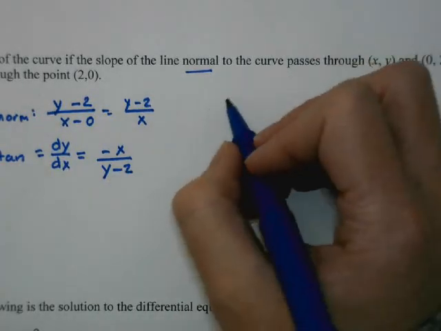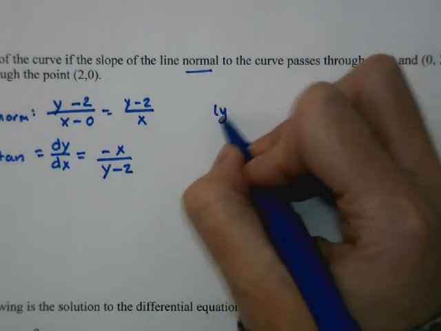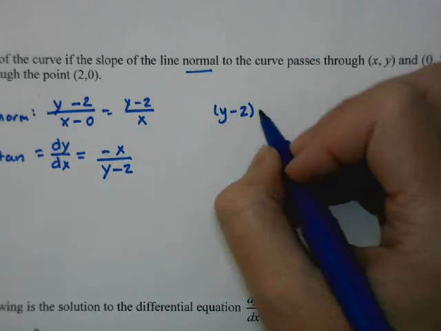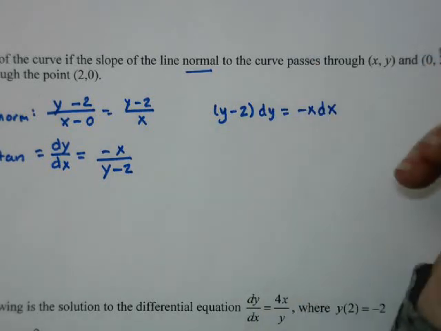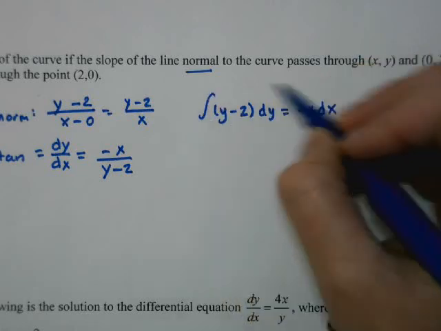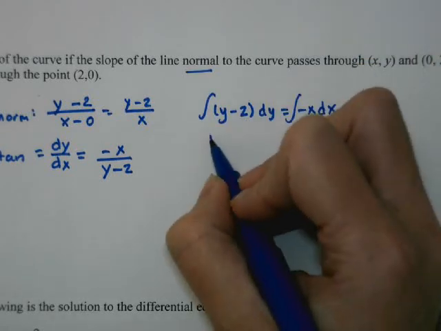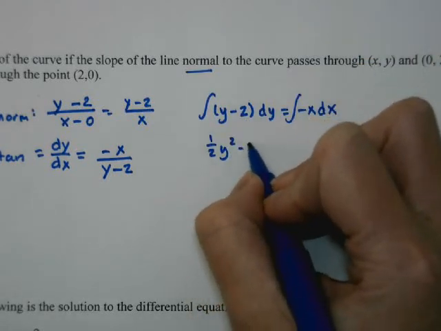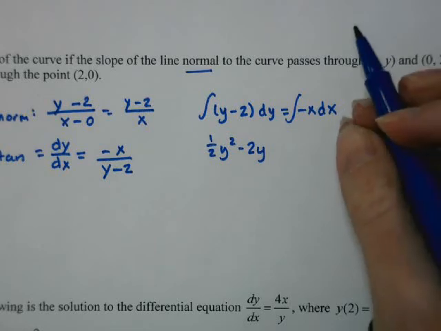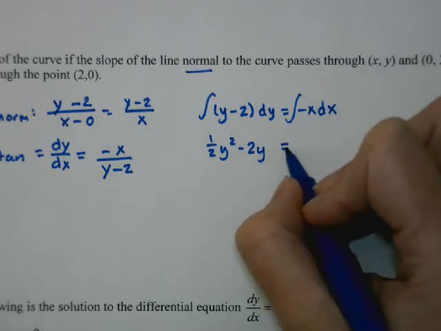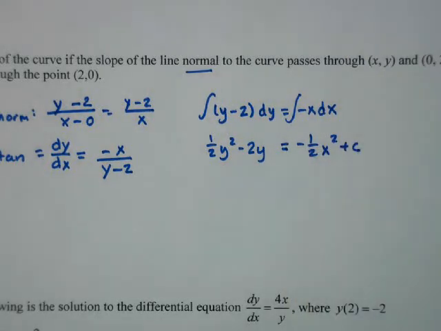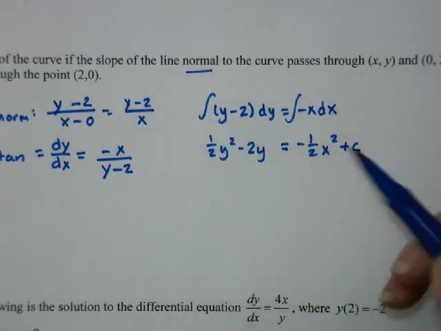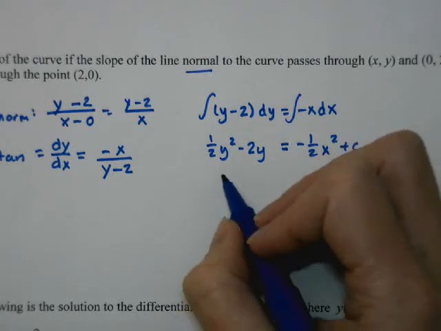So if I separate my variables, we're going to have y minus 2 dy equals negative x dx. So 1/2 y squared minus 2y equals negative 1/2 x squared plus c. We're just going to go ahead and leave this. We're going to go ahead and plug in the 2, 0.